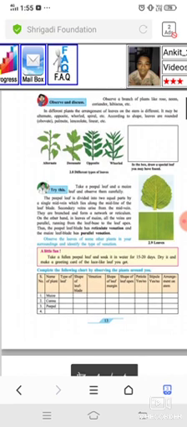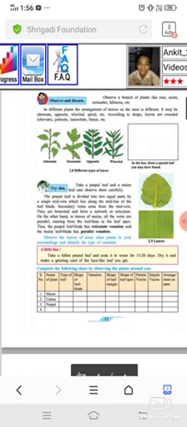On the other hand, in the leaf of maize, all the veins are parallel, running from the leaf base to the leaf apex. Thus the peepal leaf blade has reticulate venation and the maize leaf blade has parallel venation.